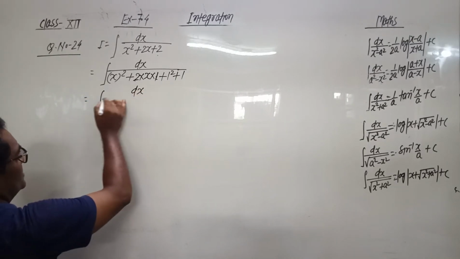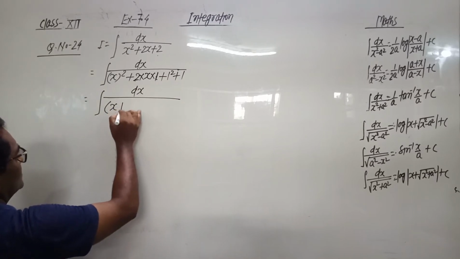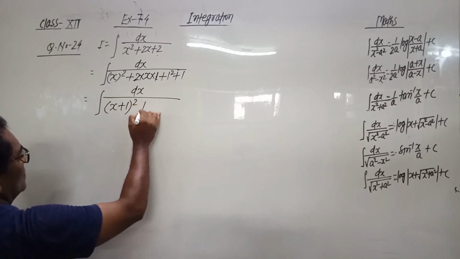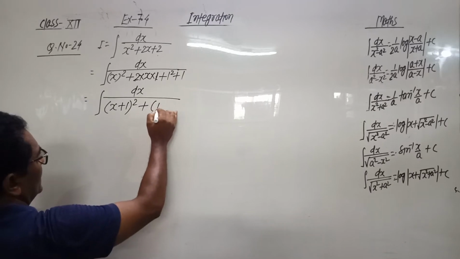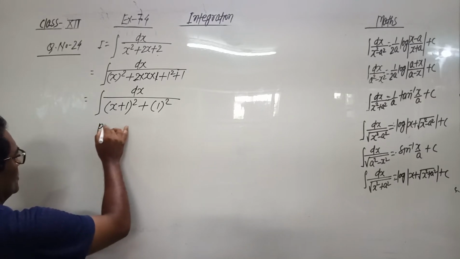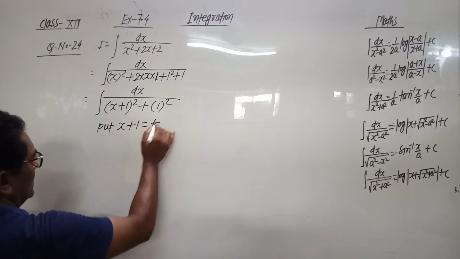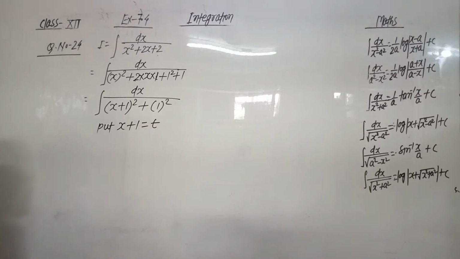So this becomes dx upon these three terms combinedly written as x plus 1 the whole square, and this one is written as 1 the whole square. Now put x plus 1 equals to t and differentiate with respect to x.